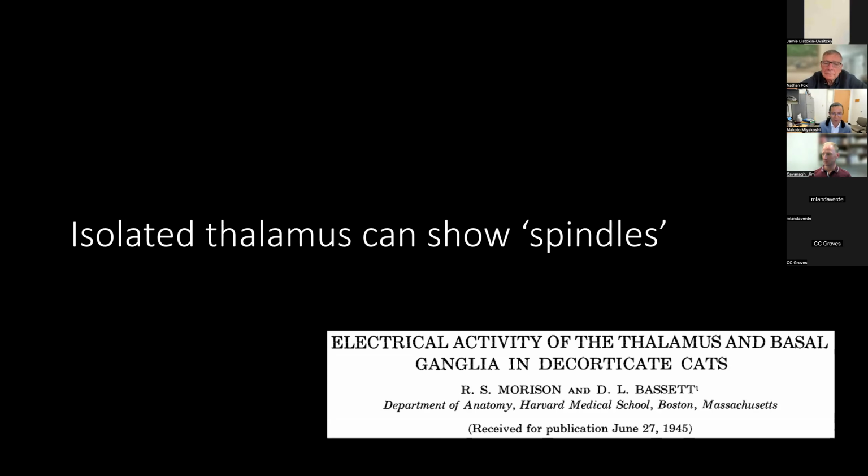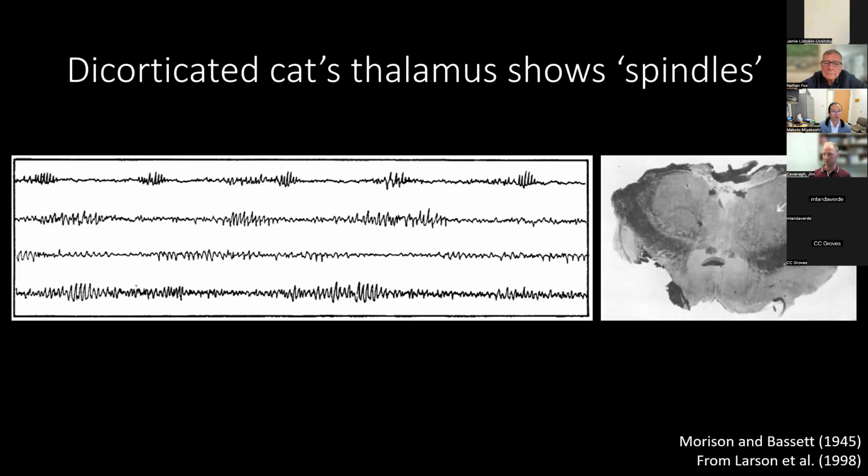There was one study that showed that an isolated thalamus can show oscillation. And this is a decorticated cat thalamus. Decorticated probably means the cortex is functionally, at least, dissociated. So this means that, okay, thalamus has this rhythm generator. So at least thalamus is one good candidate to show that rhythm, which is called spindles.